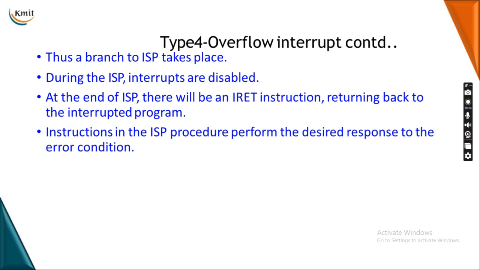It pushes the flag register onto the stack, makes TF and IF 0, pushes CS, pushes IP, and completes the ISR. There will be an IRET instruction which returns back to the interrupted program. So this is how the 8086 handles interrupts. Thank you.